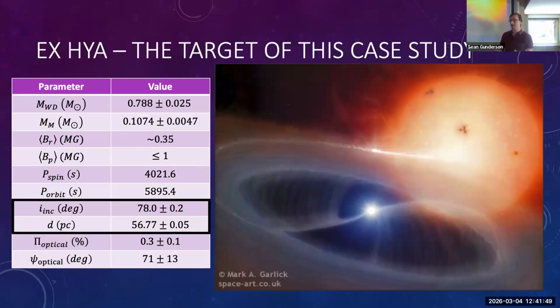It's highly inclined, and it's very close. So that means that we won't need as much time as, say, something like DQ Her that's slightly farther away. And because it's nearly edge on, any reflections that occur, we can attribute more easily to being scattering into our line of sight through forward scattering, which should maximize the polarization signal.